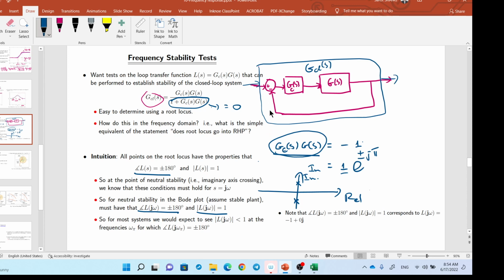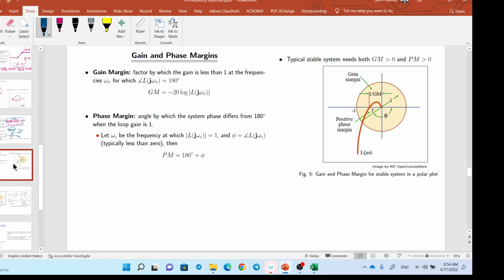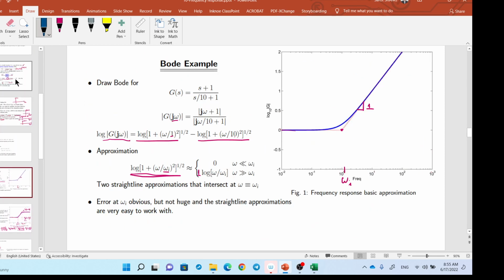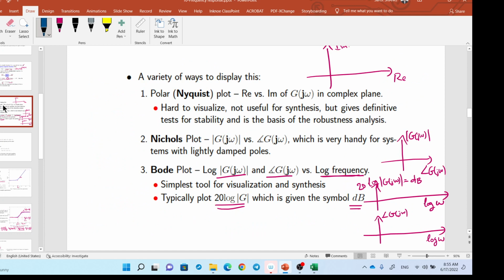I think it's easier to understand if we see the graph directly. So this is the graph of the Nyquist plot. Let me remind you, the Nyquist plot is the real versus imaginary axis in a complex plane.